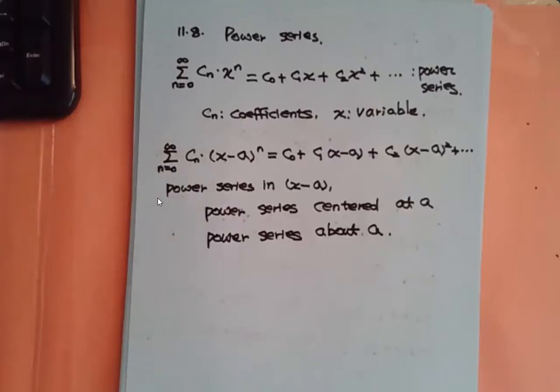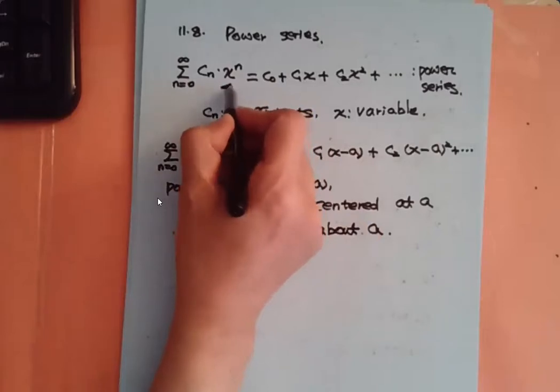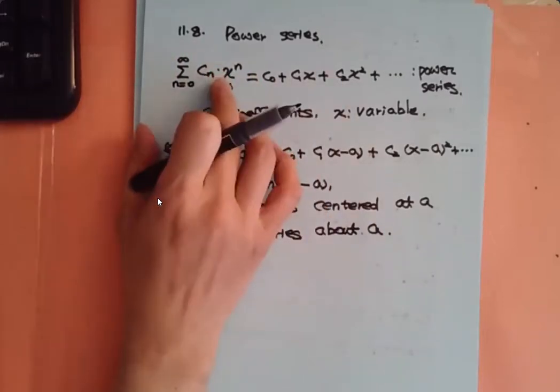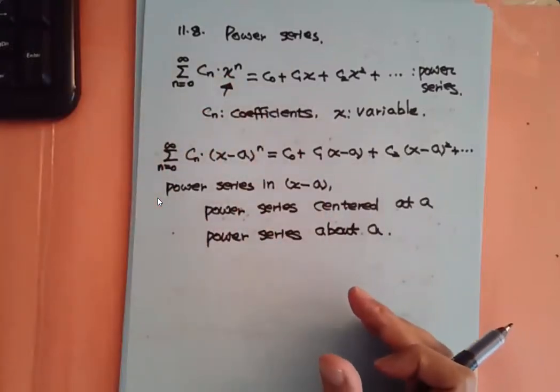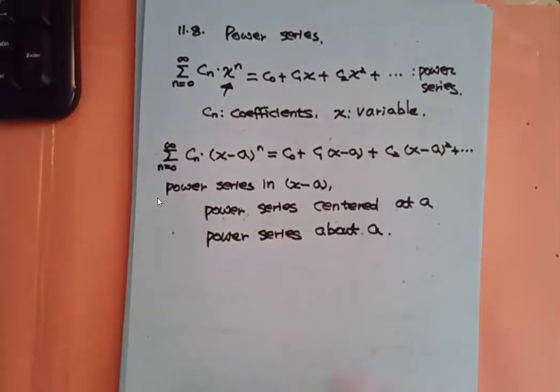This time, what we want to think about is for what x value the series will converge. So x is not a fixed number. There is a flexibility in x, and we want to think about the boundary of x, which makes the given series converge.